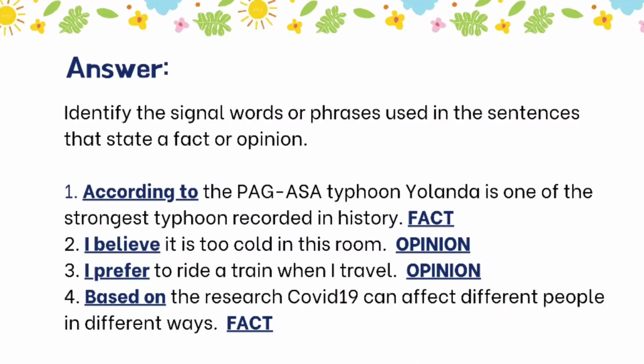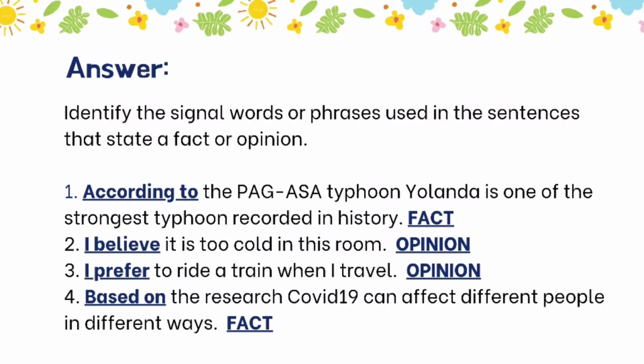Why do you think the sentence number 1 and number 4 tells a fact? Alright, the sentence number 1 and 4 tells a fact because these are verifiable and can be proven by statistics and documentations. Now how about number 2 and number 3?